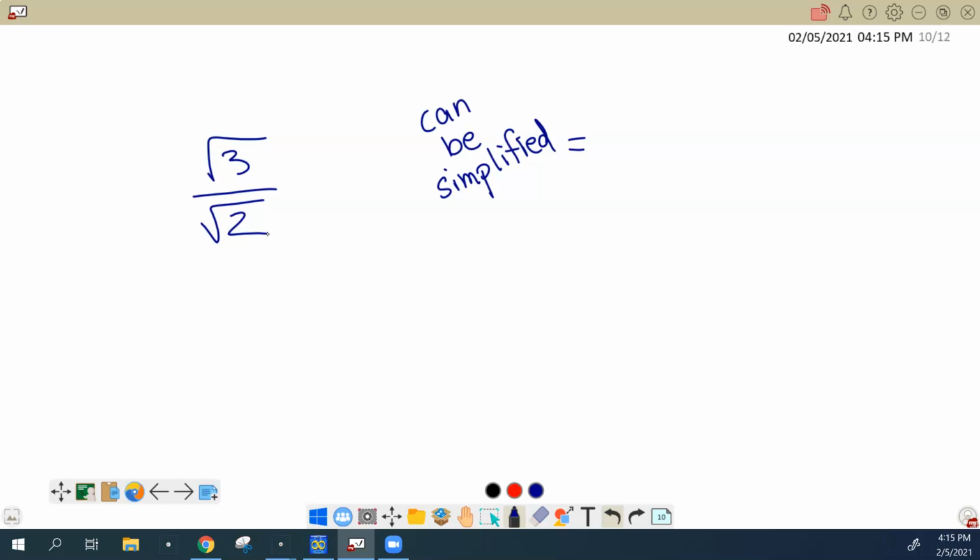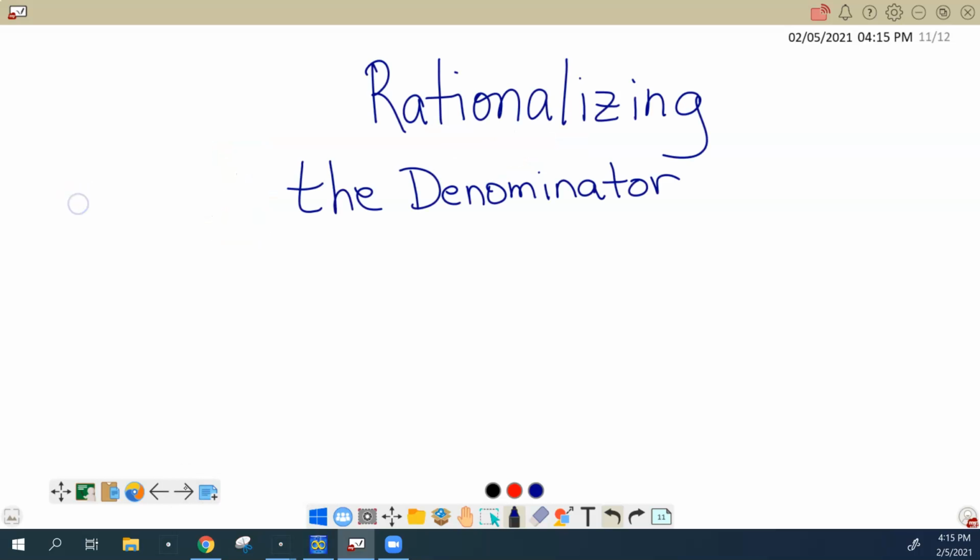But there is one more important part of dividing radicals. And that is this. In math, we agreed as a mathematicians' community many, many years ago that we do not leave a radical in the denominator of a fraction.